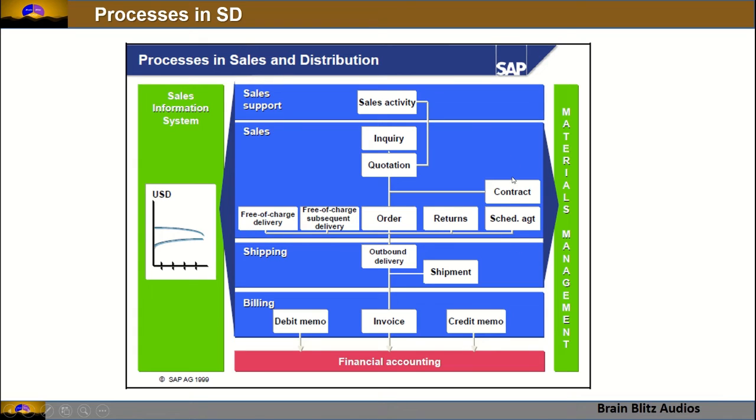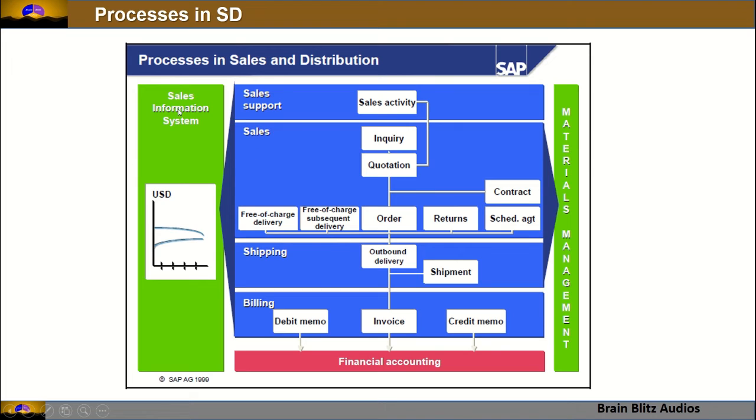Sales and shipping is integrated with materials management. As you know, after the order you have outbound delivery, then shipment, then you send. So your stock is reducing, so it is hitting the material management module. Similarly, if you created a return order, after the return the items are coming into stock, so again it's hitting the material management module. So there is a tight integration with material management.